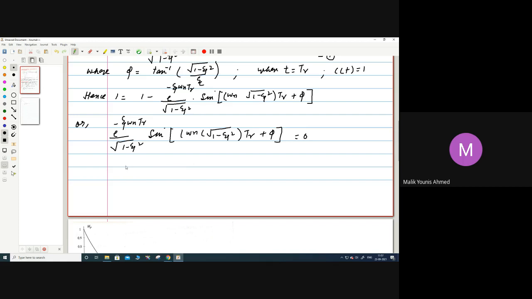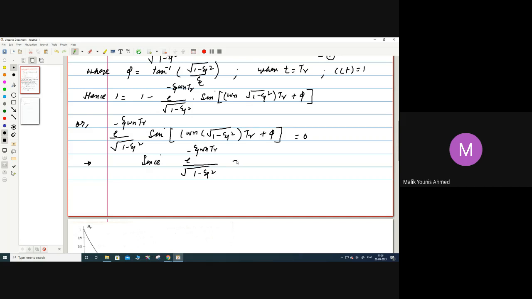Now, either of them has to be 0. The exponential term cannot be 0 because it is an exponentially decaying function, e to the power of minus xi omega n tr divided by under root of 1 minus xi square.